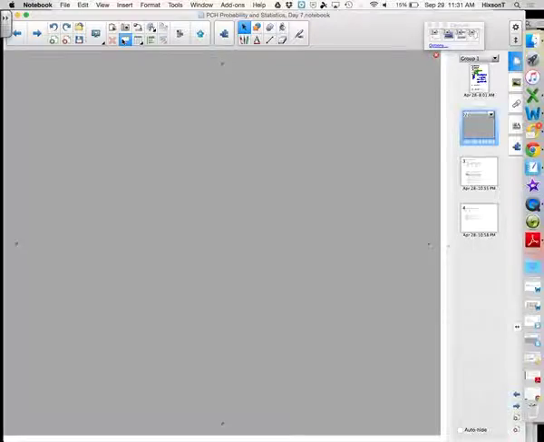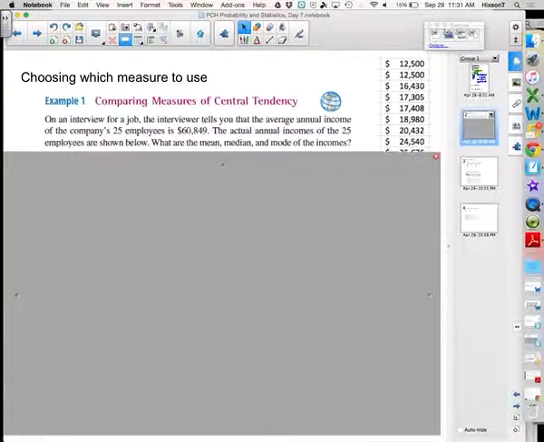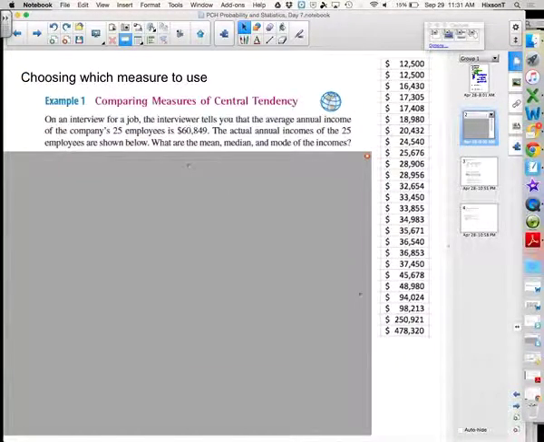Okay? But let's say you go in for an interview for a job, and the person who is interviewing you tells you that the average annual income of the company's 25 employees is $60,849.